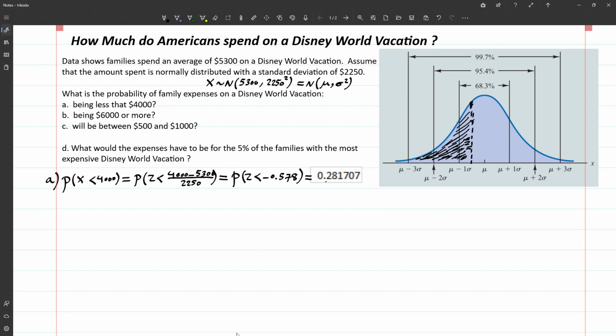Now, you could also use the Z value here, negative 0.578.